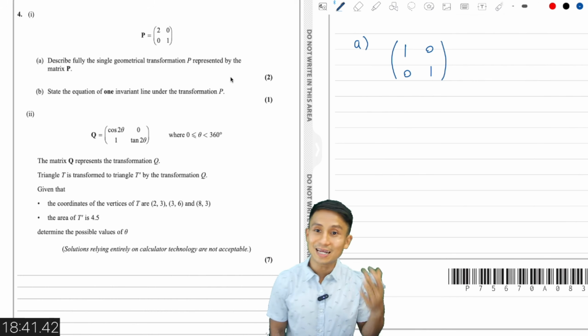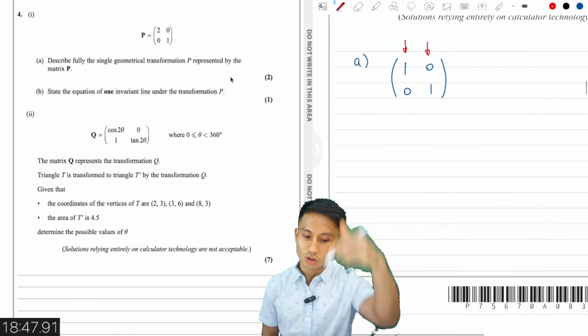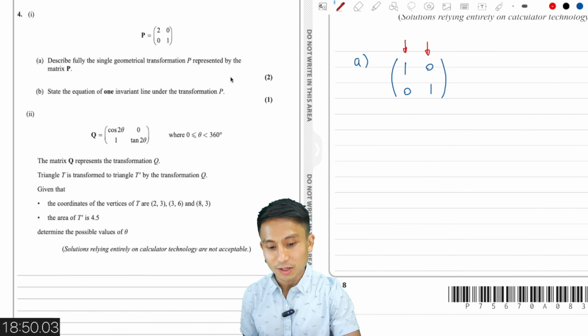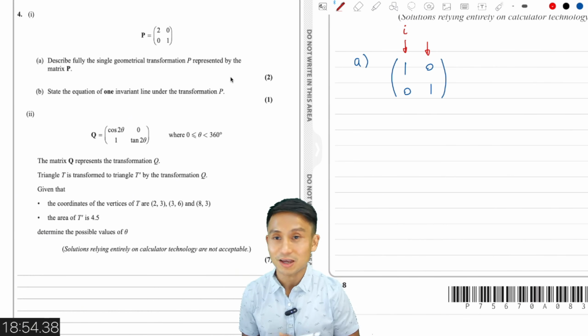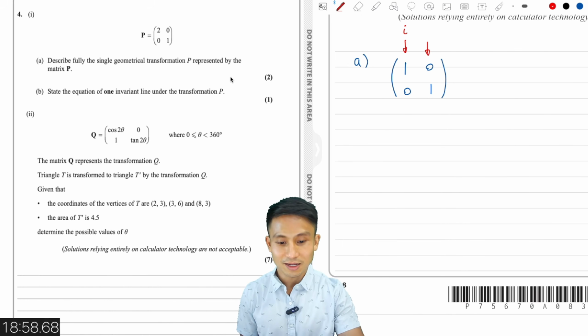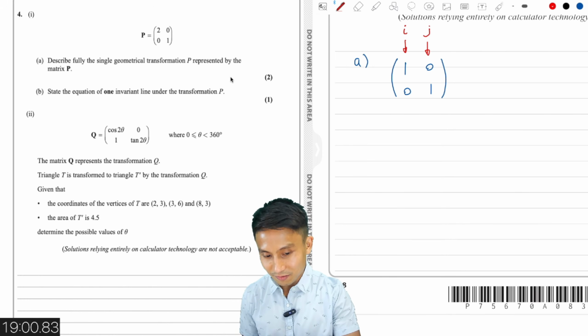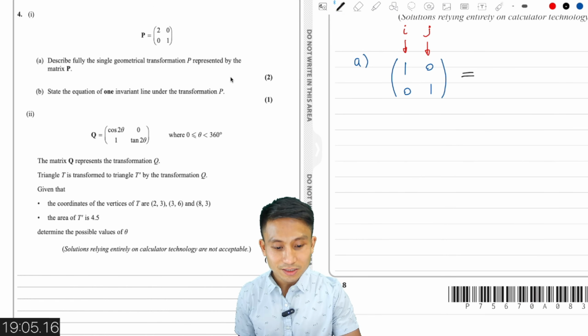This is basically the identity matrix, but you look at this in a column-wise way. The first one represents the unit vector along the x-axis. Let's name that vector i, and let's name this vector j, 0 1. So this is the original.